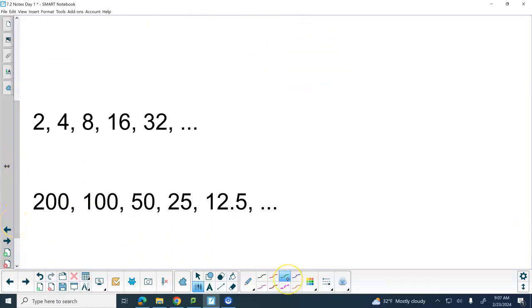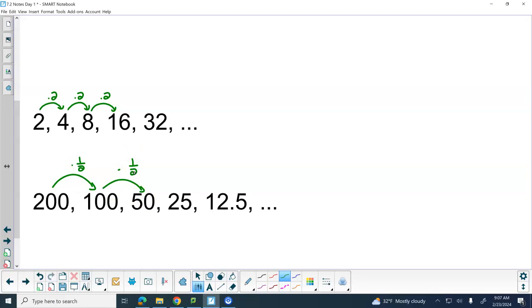We're always multiplying by 2 in this one. Always multiplying by 2. We can multiply by a fraction. In this case, we're multiplying by 1/2. Okay?